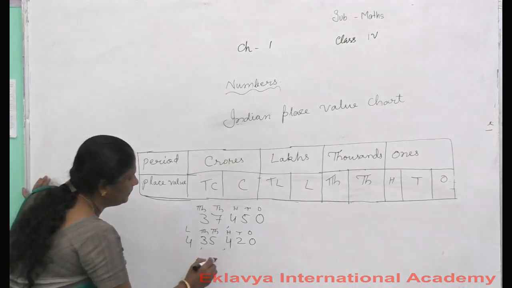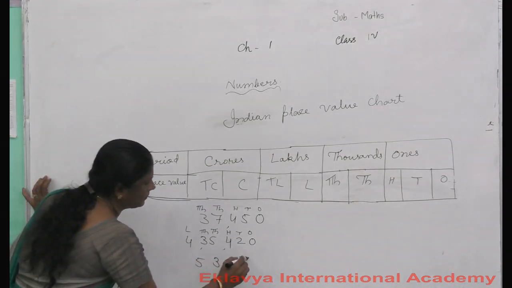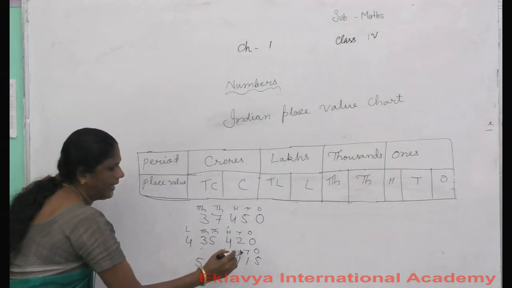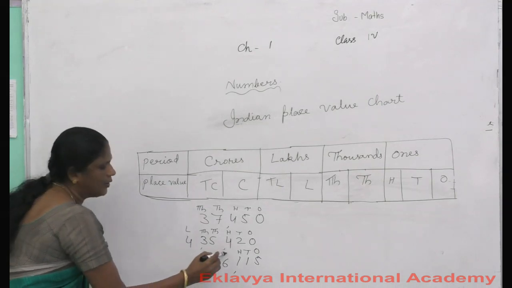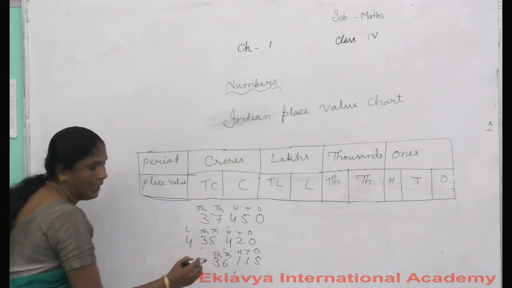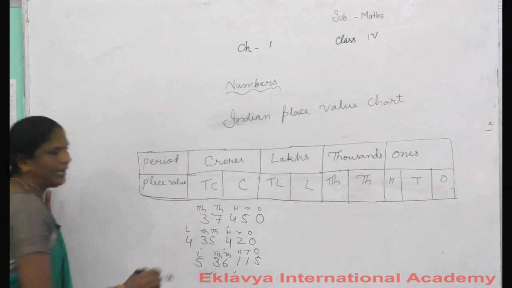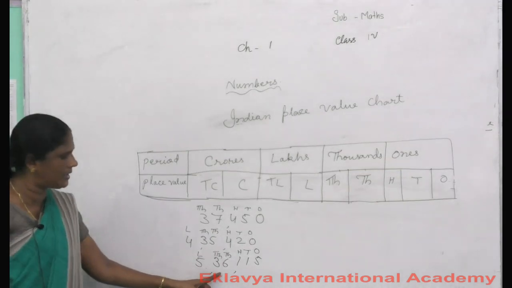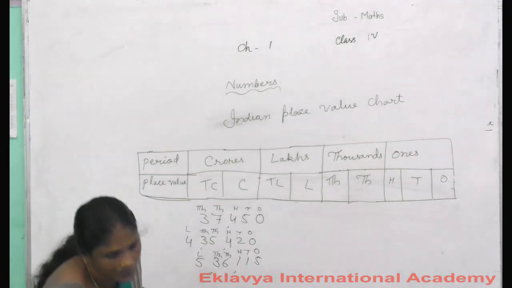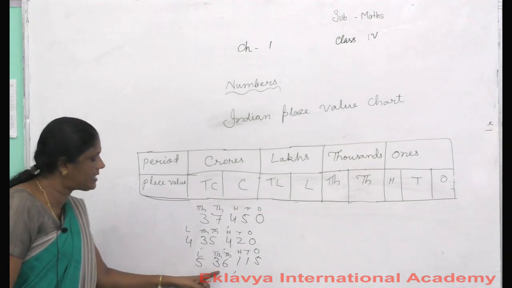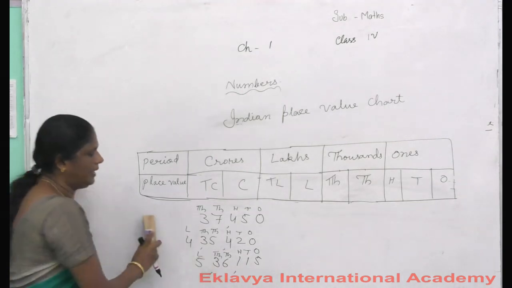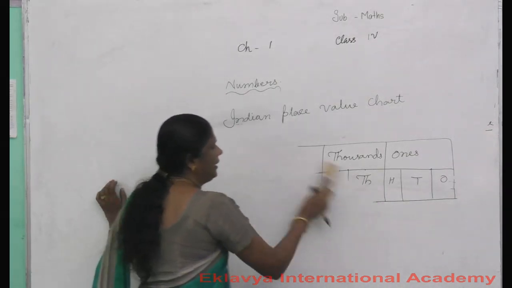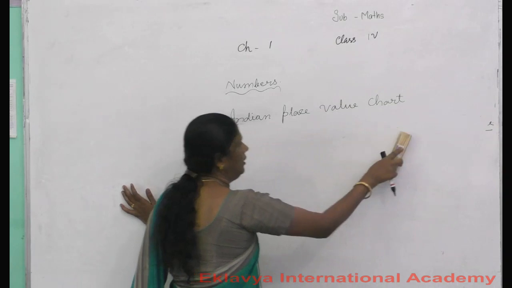Again, ones, tens, hundreds, comma, thousand, 10,000, comma, lakh. Read this number: 5,36,115. Understand this?